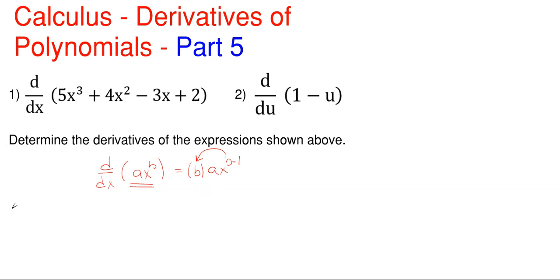So let's go ahead and get this started. With our first expression, we have the derivative with respect to x, and then we have this entire expression of 5x cubed plus 4x squared minus 3x plus 2.